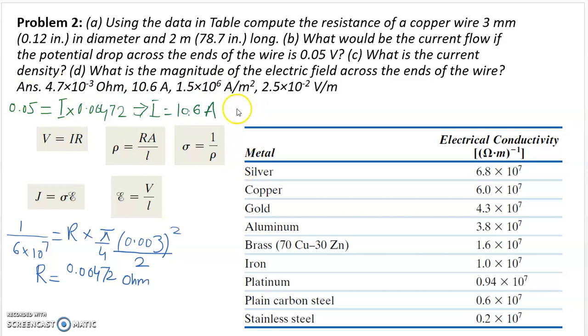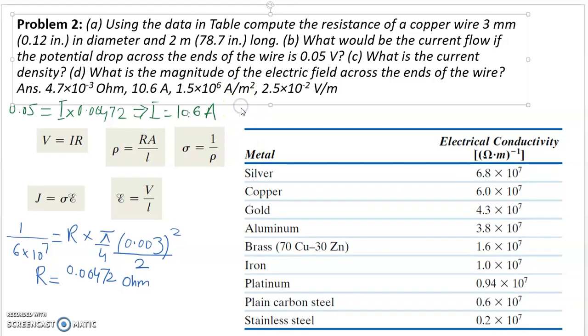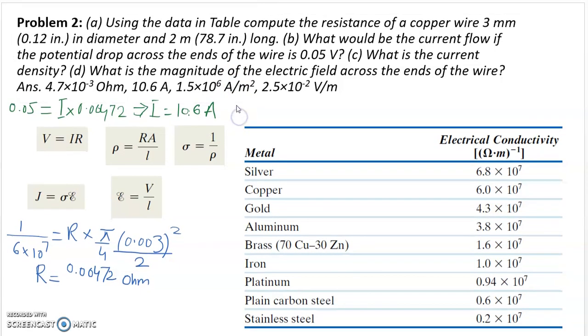So in part C, what is the current density? Current density is nothing but the current per unit area. Current density is represented by J. It is the current divided by the area. Current was 10.6 ampere.